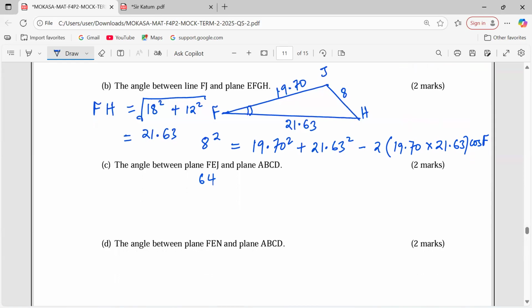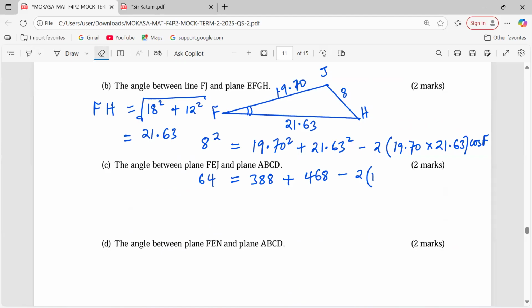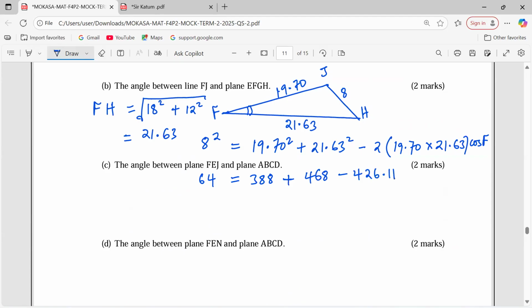This is 64 equals 388 plus, we square the other one, we get 468, minus 2 times 19.7 times 21.63, giving us 426.11, the cosine of the angle at F.